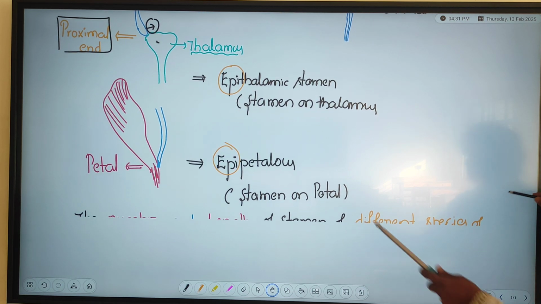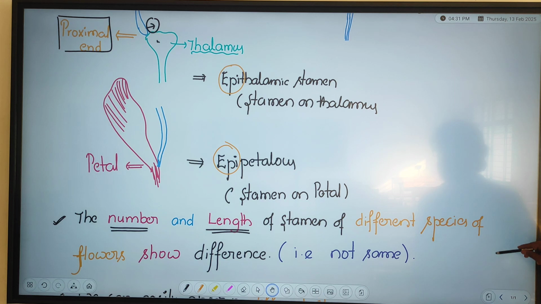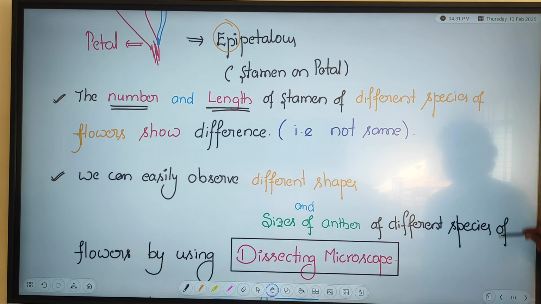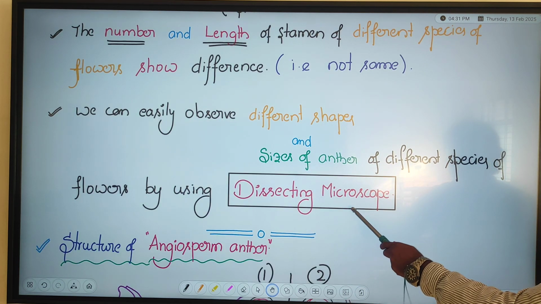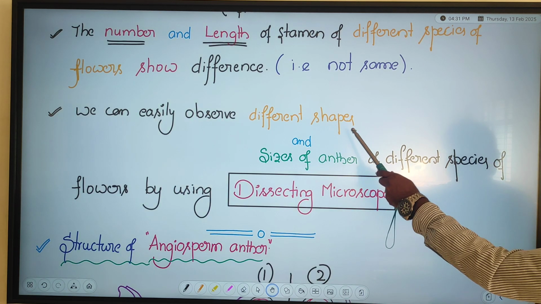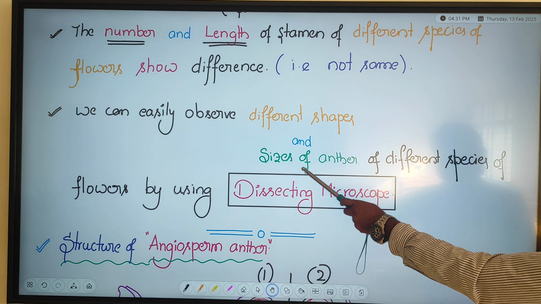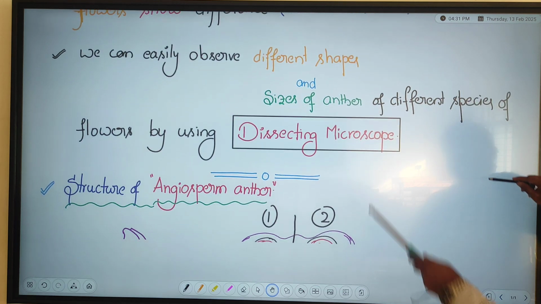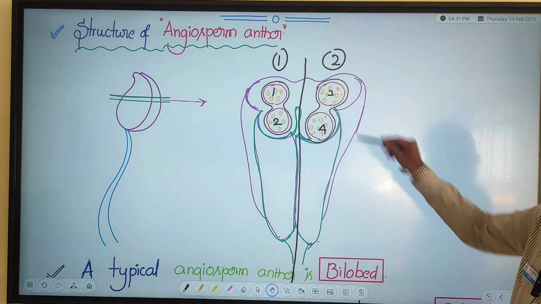Here you need to focus on epipetalous. Here also, what kind of microscope are we using for identifying the shape of the stamen, or the shape and size of the anther? Dissecting microscope. Bilobed, tetragonal.